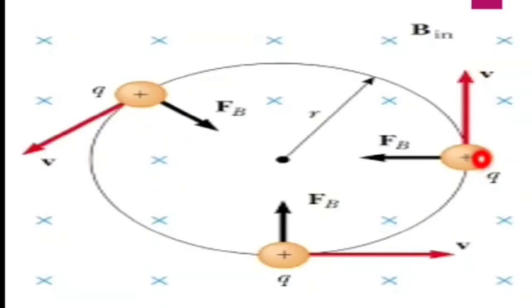We have to take our right hand and the four fingers should be moved in such a way that V cross B, that is from V to B. So if we move our right hand from V to B, here V is in this way and B is into the plane, and when we move our four fingers from V to B, the thumb gives the direction of the force. If you try to keep your hand and check it out, you can see at this instance the thumb will be pointing to the left.